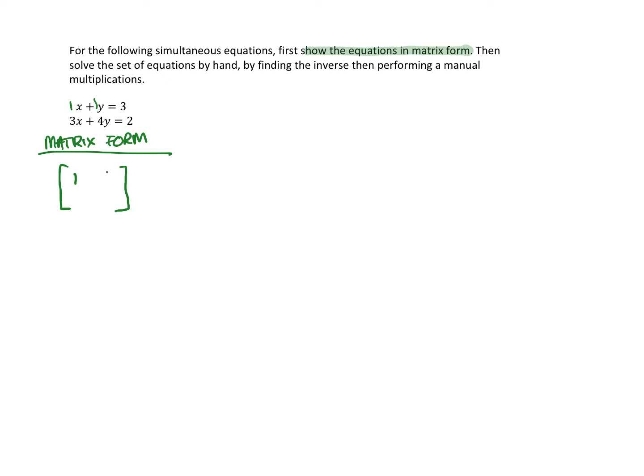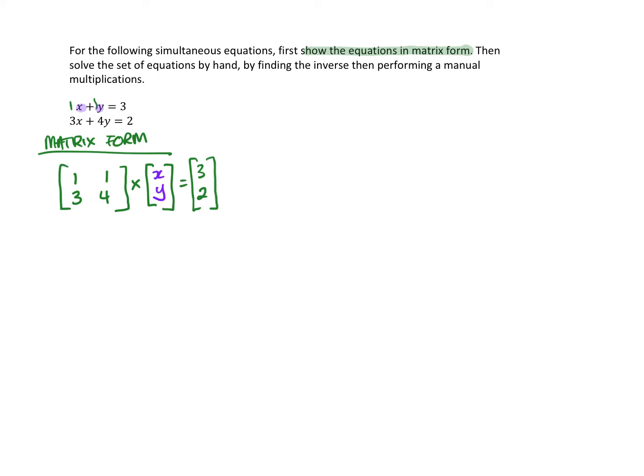So we've got 1, 1, 3, and 4. Then we do times, and then we have a matrix that has whatever our unknowns are. Our unknowns here are x and y, so x and y get put into that one. Then we say it equals, and then we write what the equations were equal to. So the first equation was 3, and the next one was 2. So that's how we set it up.